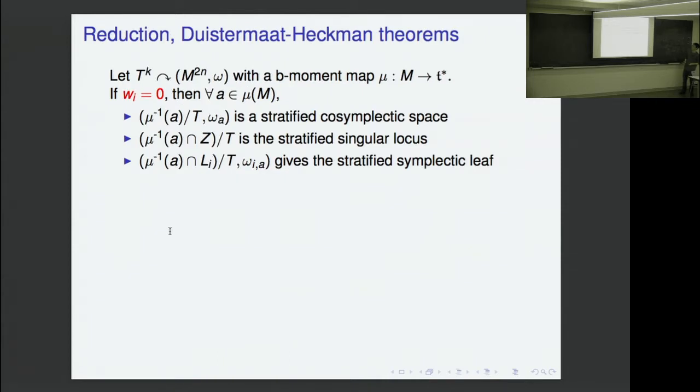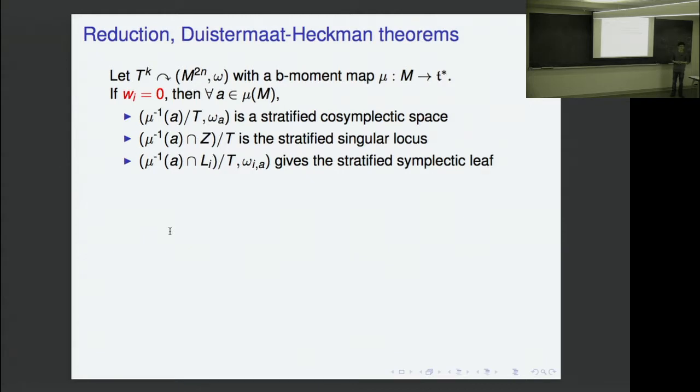And then the next important thing that we can do is the reduction. And since we have already seen the connectedness of the level sets, take any level set, we can consider the quotient by the torus, and then this will be a stratified space if the value is not regular, and if the torus action is not free.